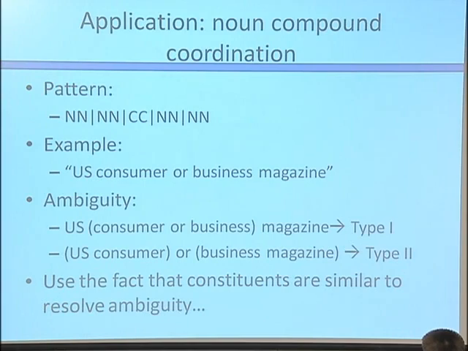The ambiguity here is that consumer or business can go together, or consumer and business can be put in two separate brackets. This is the main difference: the second and the third word are either grouped together or split apart. Type 1 is where they're put together, and type 2 is where they're put apart.